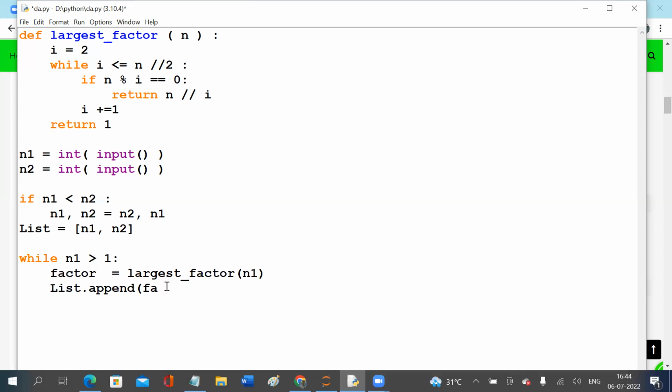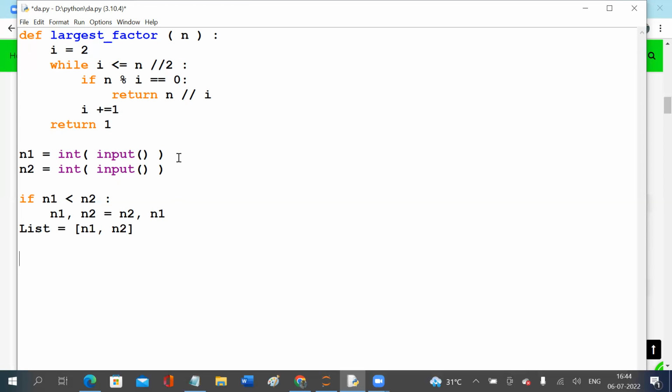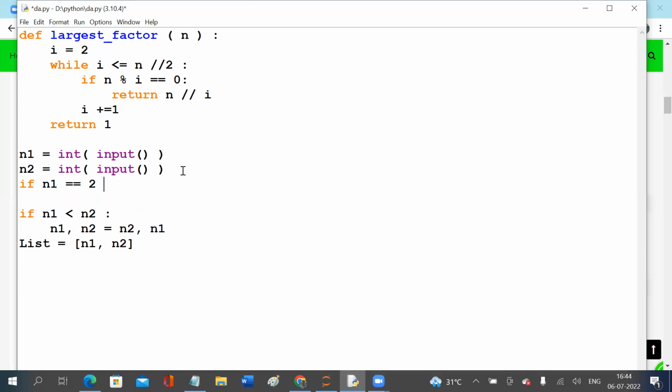Before doing all these things, I should do one more thing. If n1 equal to n2, print 0.